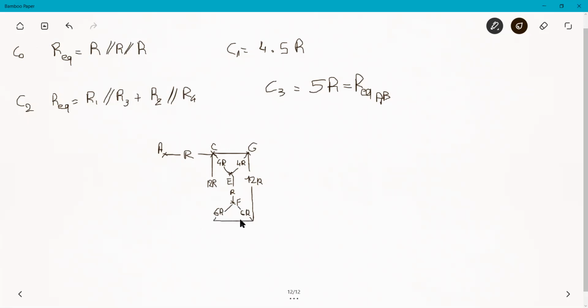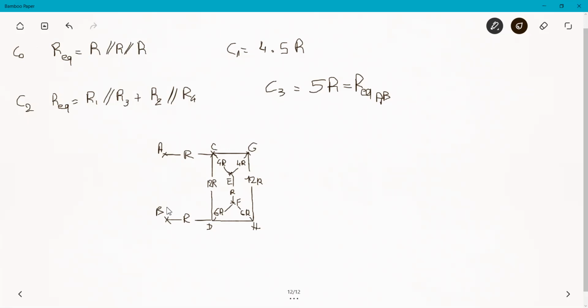This is connected and this is connected. So here you have D, point D. Here you have H. Here R. And here B. Are you okay with this redrawing?